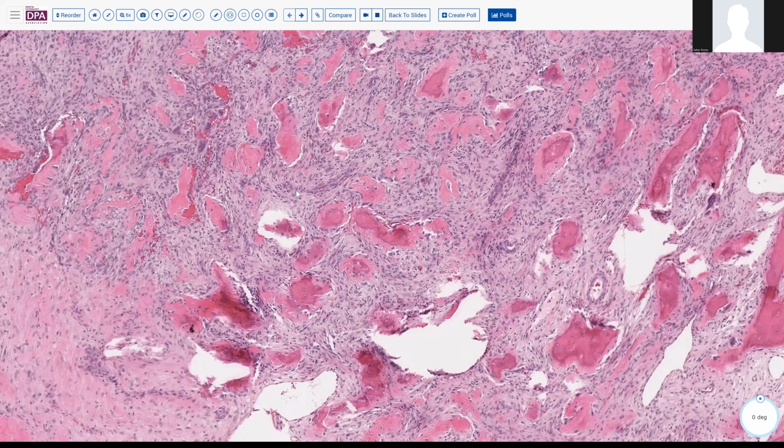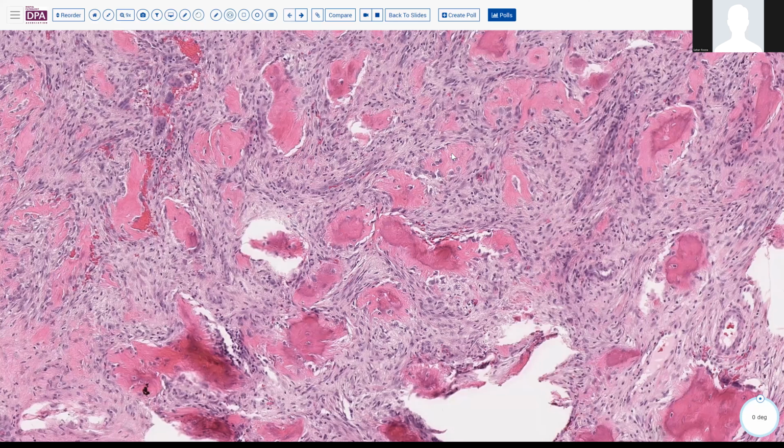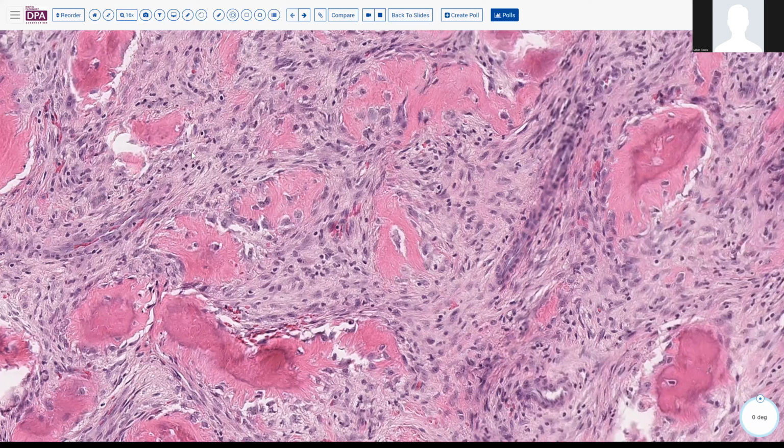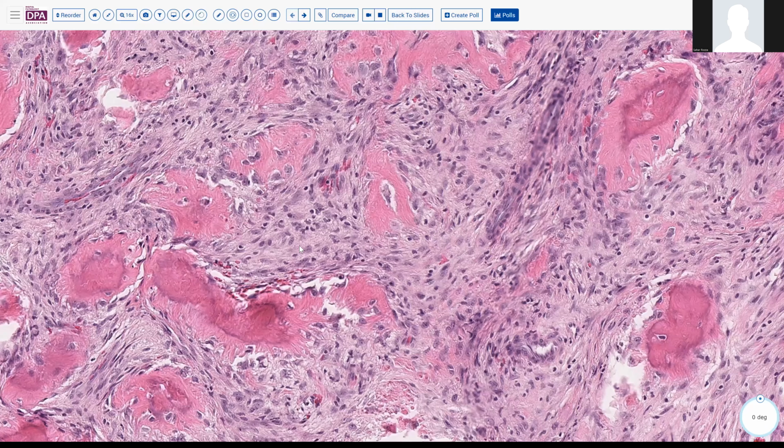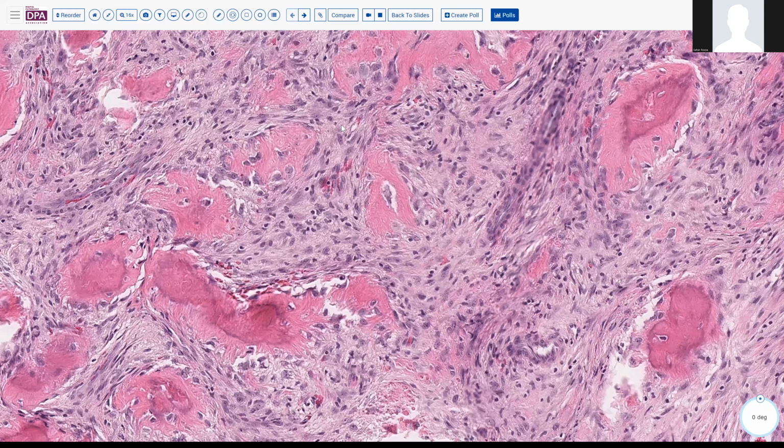The stroma around it has a few giant cells, but it's fairly bland. So it doesn't look particularly like osteosarcoma per se, which we always are concerned about in young adults, but some of these cells are a little bit on the osteoblastic side, I suppose, sort of larger cells.